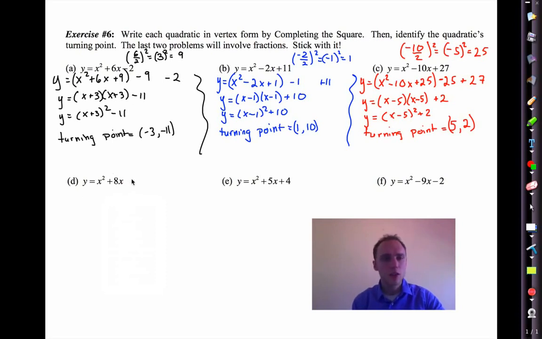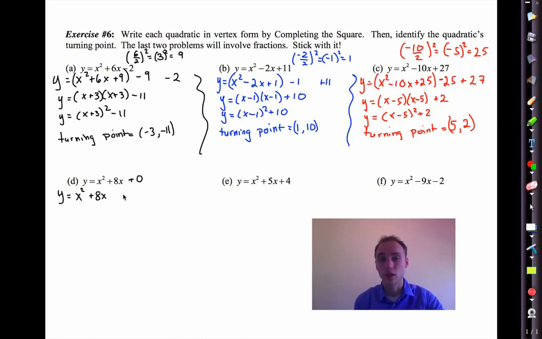All right. So in this question, there really isn't anything different. And if it helps, you can even put a plus 0 here. Right? So when we write this one out again, we're going to get y is equal to x squared plus 8x. I'm going to leave myself a little bit of room, and then I could put the plus 0 here. I'm not even going to bother with that because it's not going to change anything.